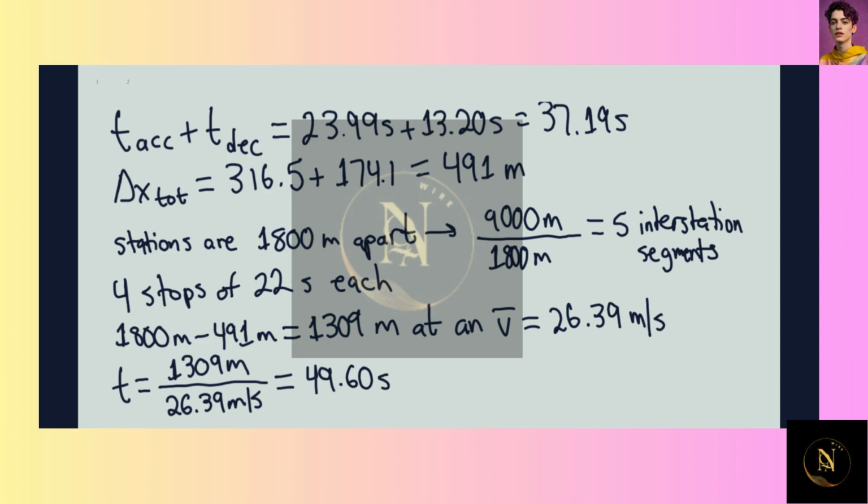So the total interstation segment, so we can say T total, would be equal to 37.19 seconds plus 49.6. This is giving us 86.79 seconds.